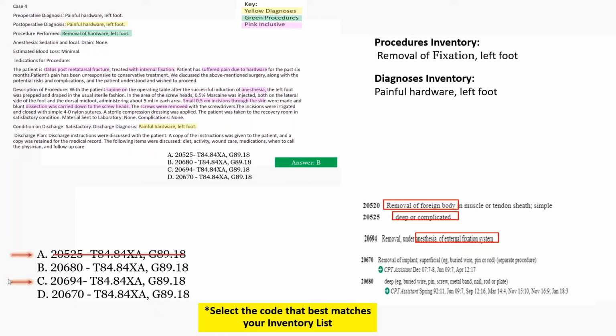And you can see over here, the patient was having a metatarsal fracture and was treated with an internal fixation. So the implant used here is an internal fixation device, not an external fixation. That's why we eliminate option C. Here it is where they say internal fixation.